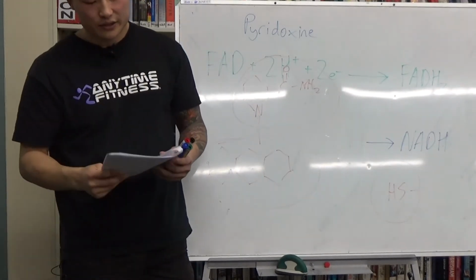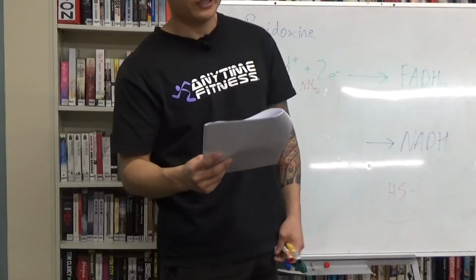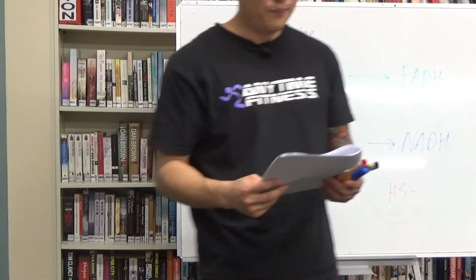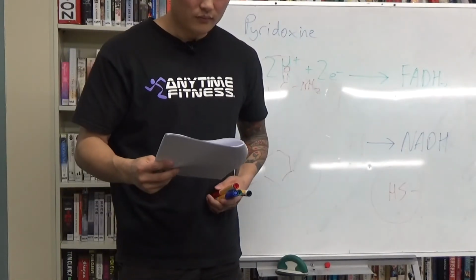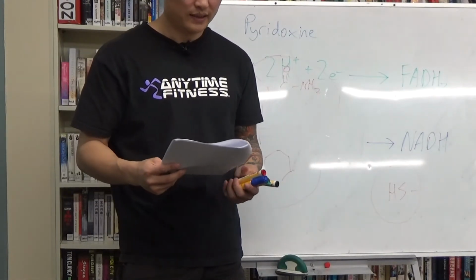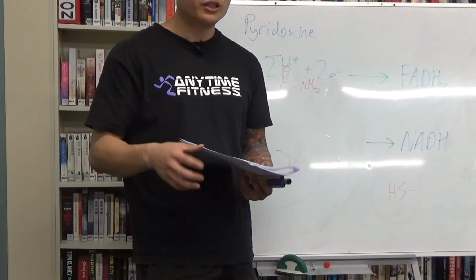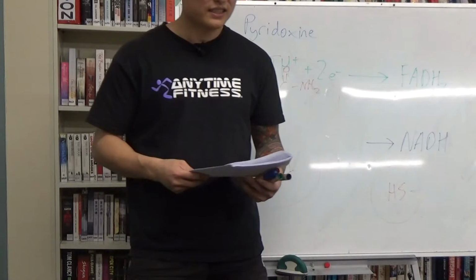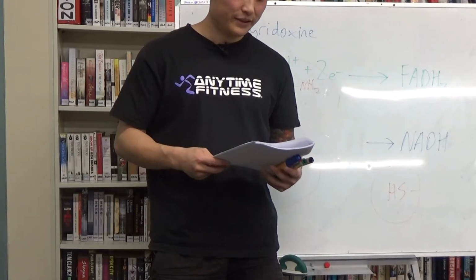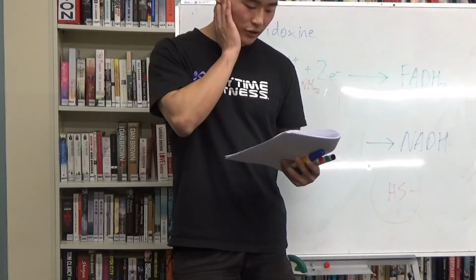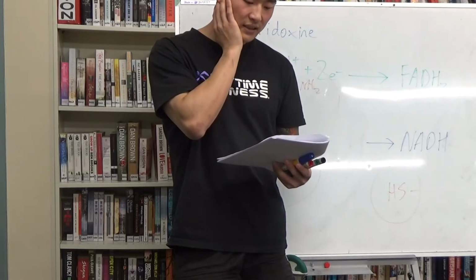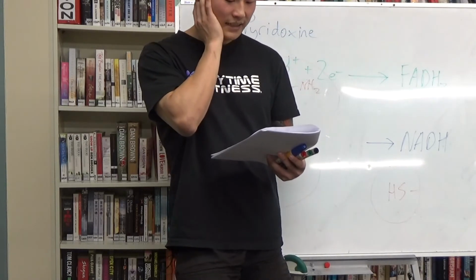Next page, you have to list each of the coenzymes with the vitamin from which it is derived. So FMN is flavin mononucleotide. Which vitamin has flavin in it? Yep. So FMN would be number 2. NADPH, what would that be? Yep, so niacin, 4.